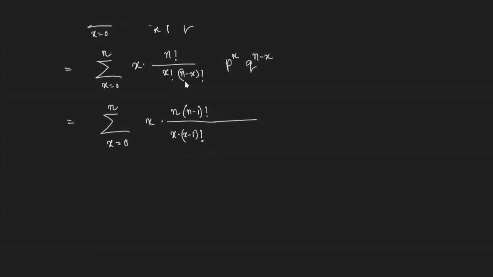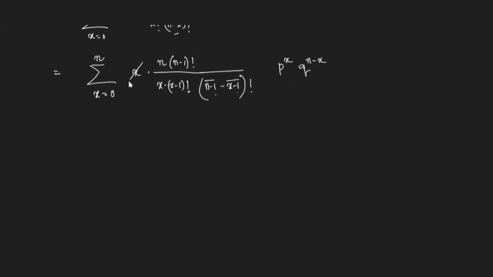In the denominator we need n minus x, and if you see, it is n minus 1 minus x minus 1 in brackets; when you simplify, the minus 1 and the minus sign become plus, so the 1s cancel and ultimately we get n minus x. So nothing is changed. Then p to the power x q to the power n minus x.